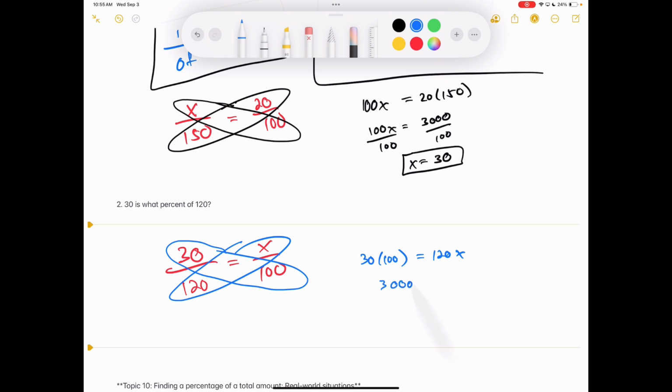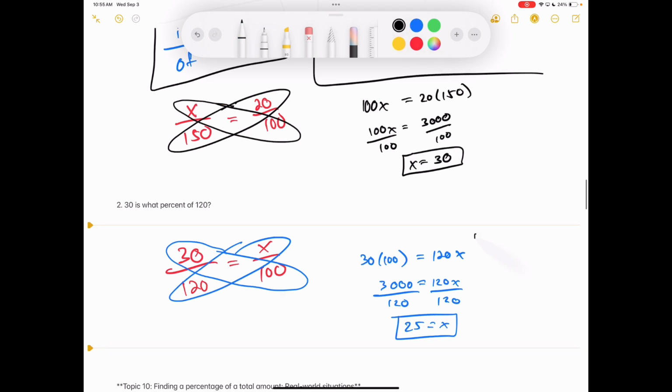So that's 3,000 equals 120x, divide by 120. Get a calculator out here. 3,000 divided by 120 is 25. Now, if you're just doing this, you'd have to do like 30 is what percent of 120, so that'd be 0.25, and then change it to percent.